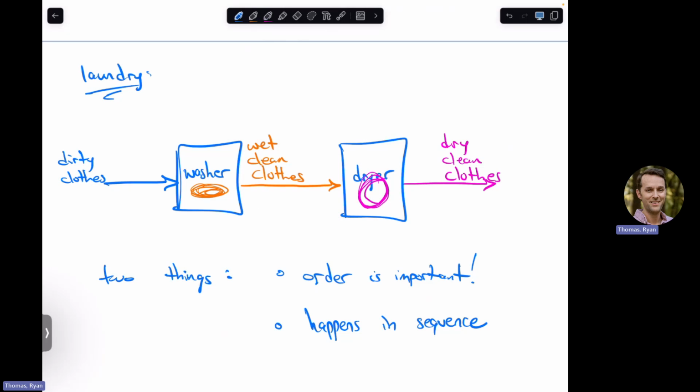And then once we've got the idea of how I string those things together, I don't say, oh, it's Saturday afternoon, I better go do the washer and then the dryer. I say, oh, it's Saturday afternoon, I better go do the laundry, right? I sort of combine them into one idea that encapsulates all of this stuff that's going to happen. Does that make sense? That's what composition is.